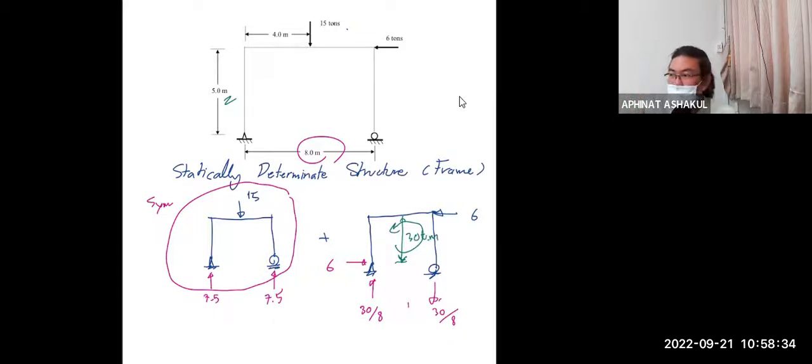So when you multiply them, they give you 30 ton meters of couple. You don't need to do any of this. Why do you need to do it the difficult way? Can I just take moment at this location? You ask me, can I just take moment here? Of course you can.